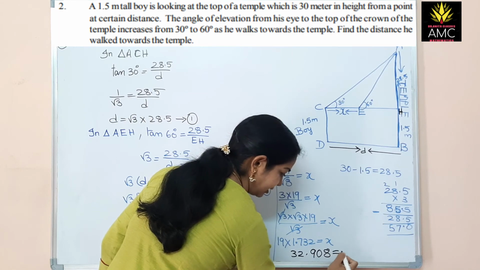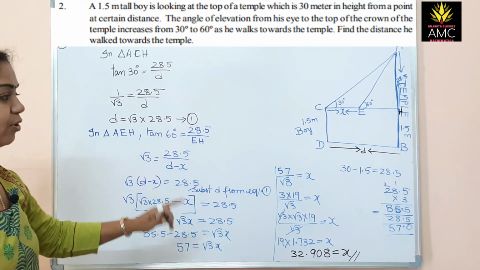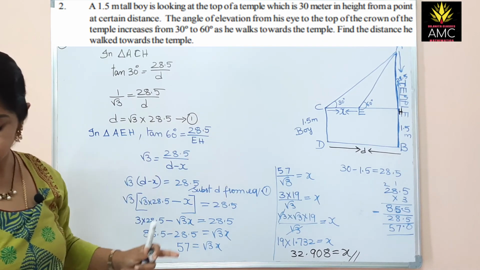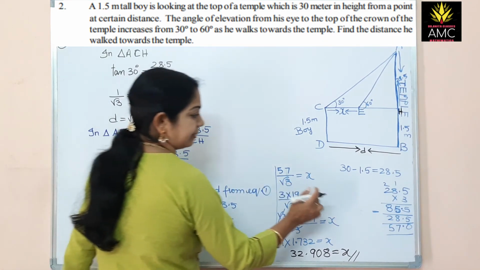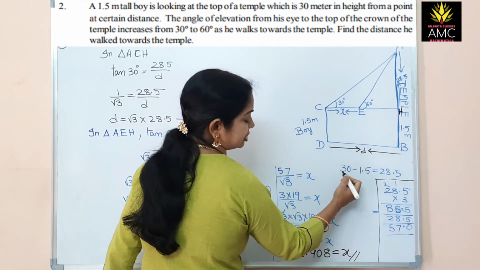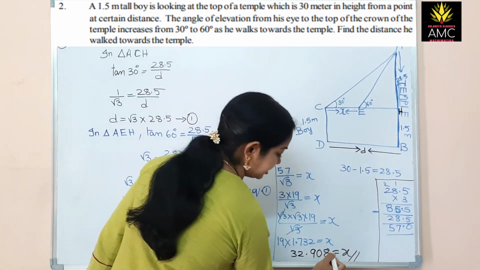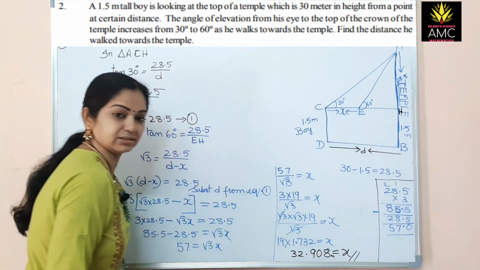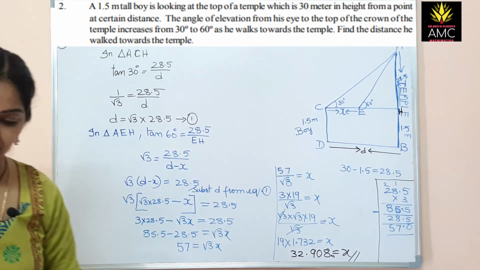So that is the final answer. x means the distance the boy has moved. Find the distance he walked towards the temple. So this part is the rough part and this is the calculation we had done. Write that in meters. So hence like this we can find it out. Please pause the video and note it down.